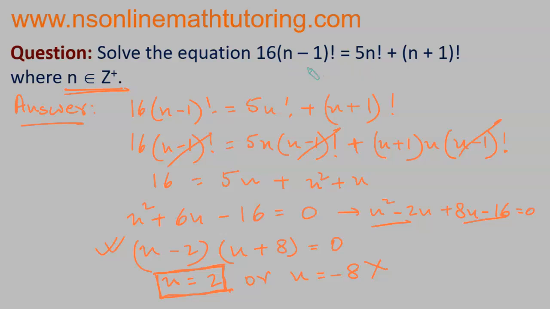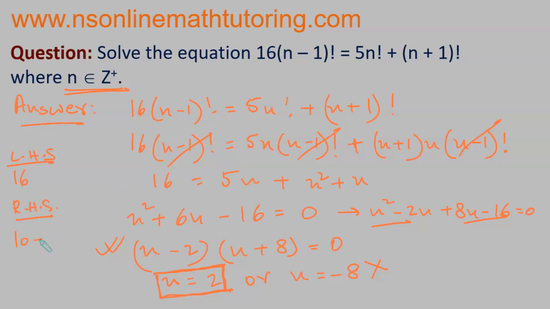And let us check whether our answer is correct or not. 2 minus 1 is 1, 16 times 1 factorial is 16. So the left hand side is equal to 16. What is the right hand side? 5 times 2 factorial, which is 2, 5 times 2 is 10.